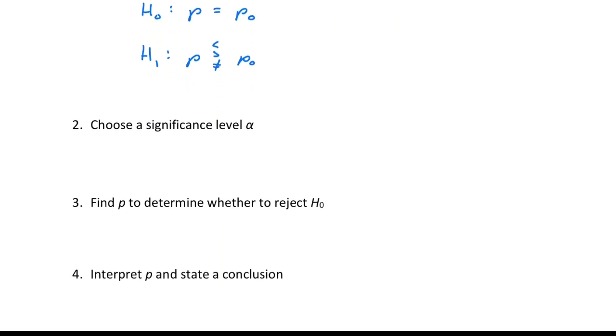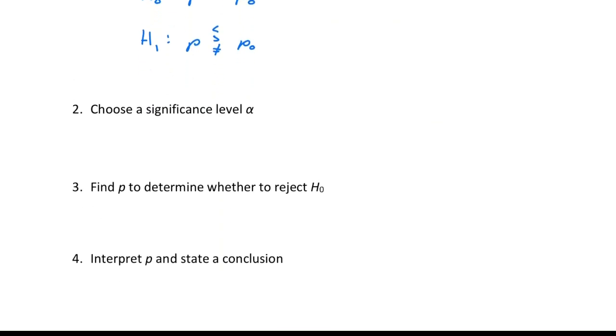Now, for proportions, we always use Z. And Z is just going to be P hat, the sample proportion, minus the population proportion, divided by the square root of P sub 0 times 1 minus P sub 0, all over N. We'll use the Z table for this to find P. All right, so a lot of similarities in the interpretation, the conclusion, exactly the same as what we did before.